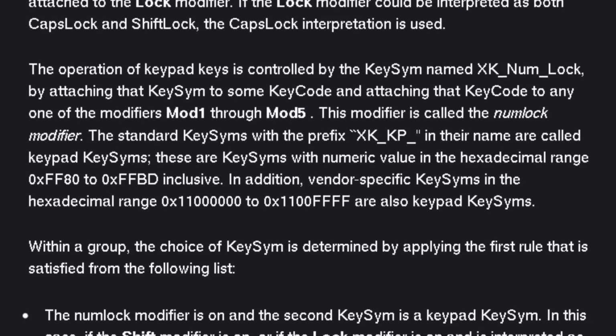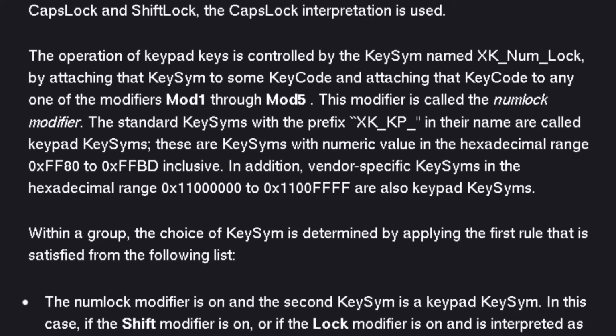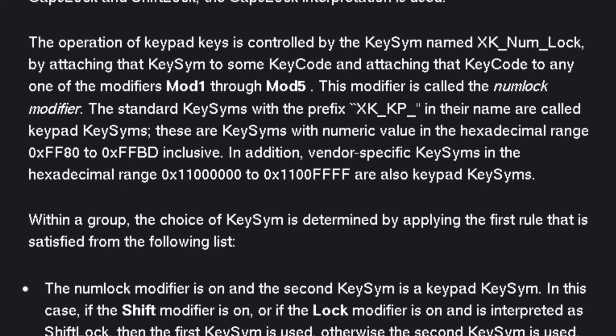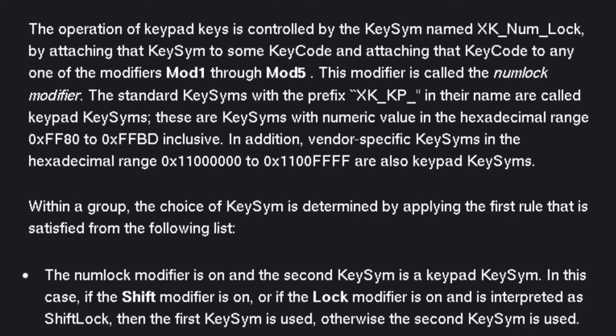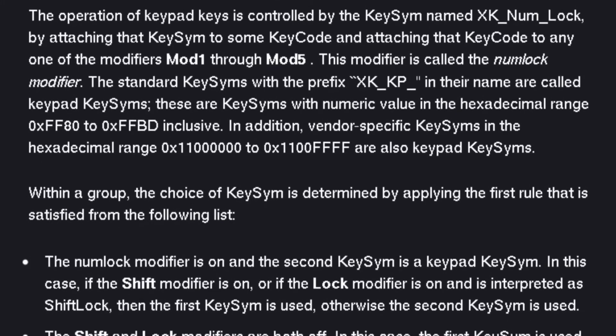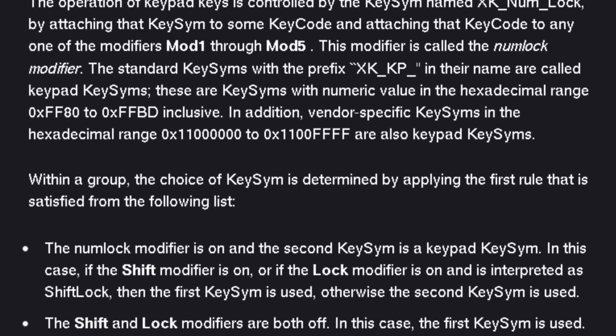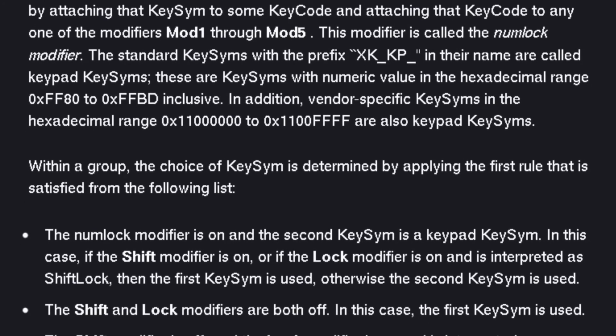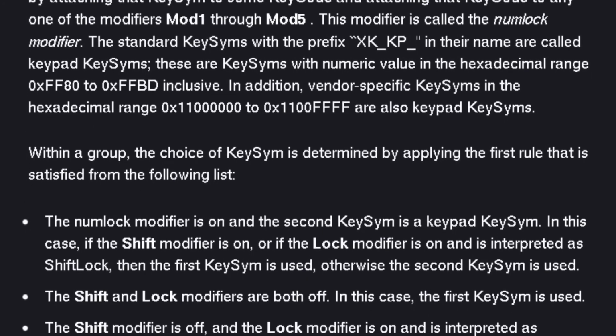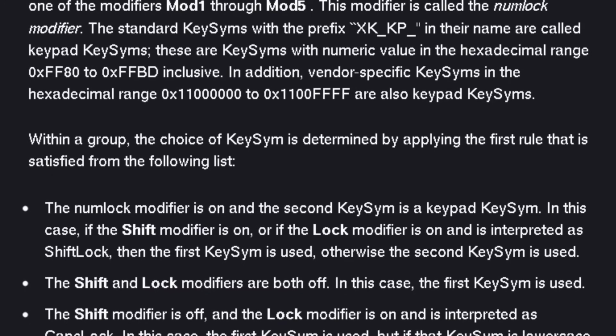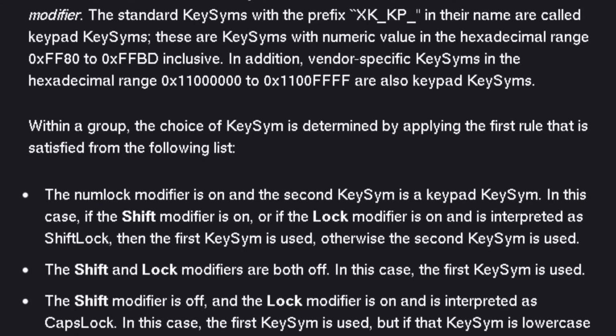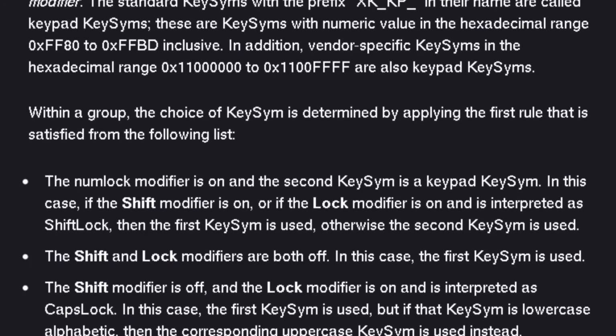Within a group, the choice of keysym is determined by applying the first rule that is satisfied from the following list. Rule 1: the numlock modifier is on and the second keysym is a keypad keysym. In this case, if the Shift modifier is on, or if the Lock modifier is on and is interpreted as ShiftLock, then the first keysym is used; otherwise, the second keysym is used. Rule 2: the Shift and Lock modifiers are both off. In this case, the first keysym is used. Rule 3: the Shift modifier is off and the Lock modifier is on and is interpreted as CapsLock.